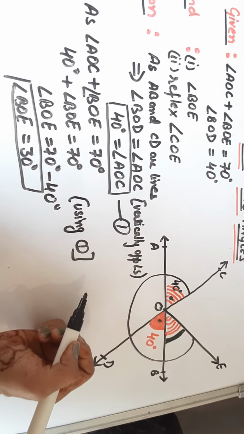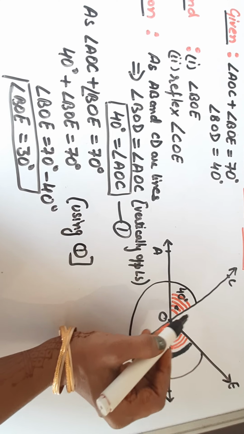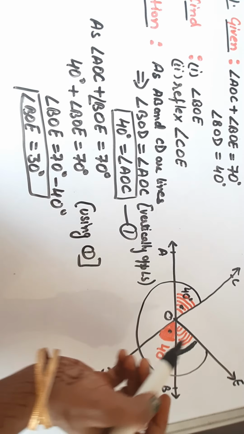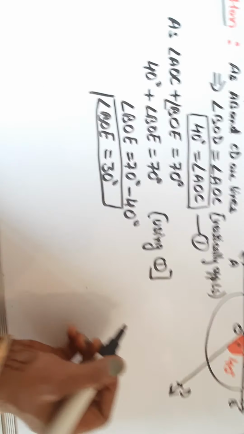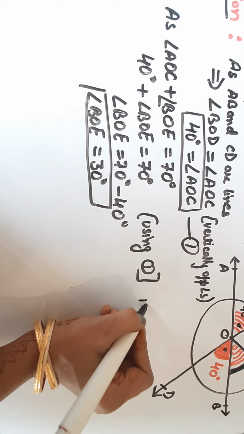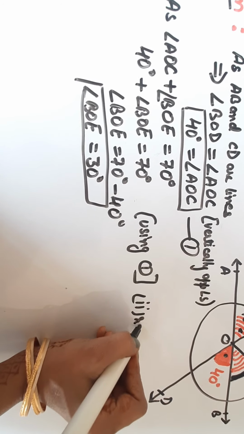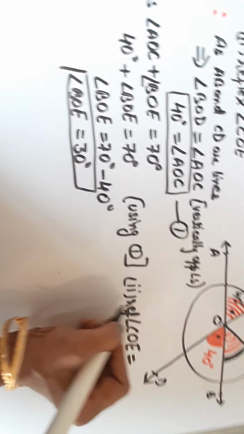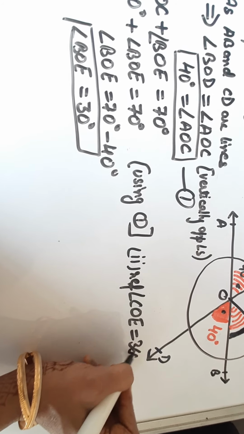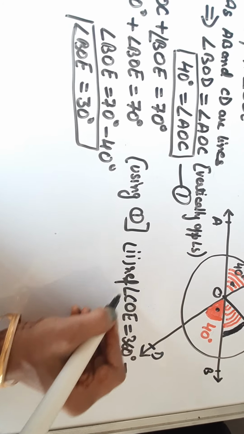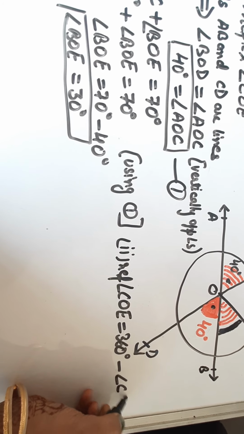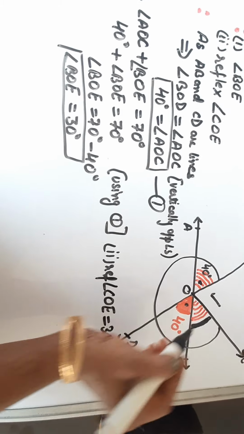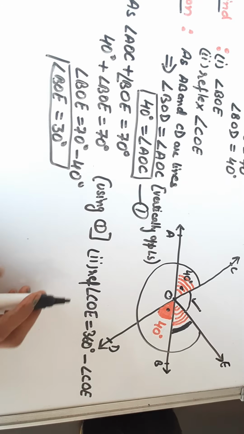Now we need to find out reflex angle COE, but इन माई प्रीवियस वीडियो आई टोल्ड यू टू फाइंड आउट रिफ्लेक्स एंगल COE. हमारे पास क्या आना चाहिए? आई एम डूइंग सेकेंड पार्ट हियर. रिफ्लेक्स एंगल COE क्या फॉर्मूला बताया था? 360 में से माइनस करना है किसे? माइनस सेम एंगल COE. This angle we need to find out. और ये कैसे मिलेगा?